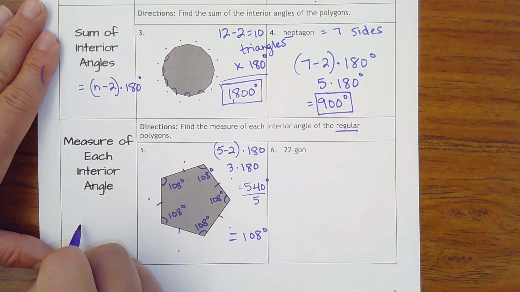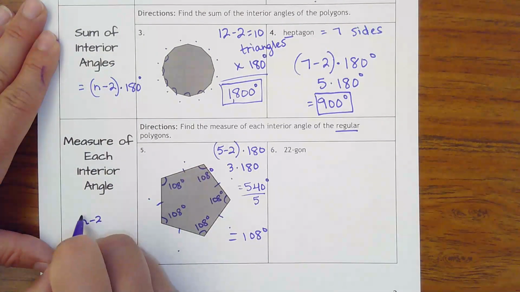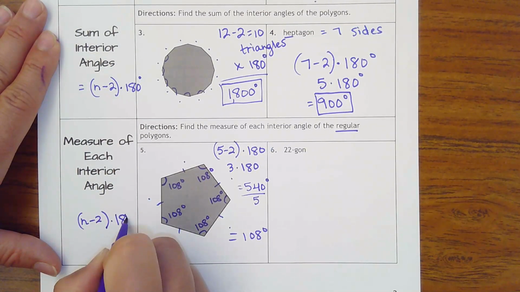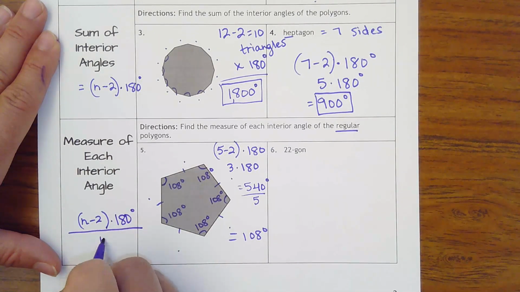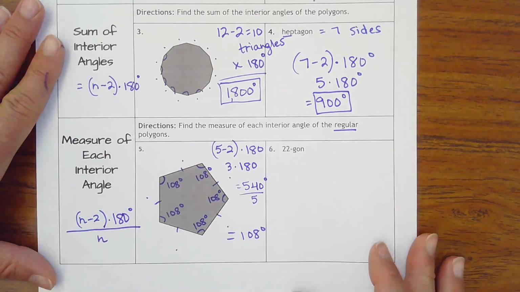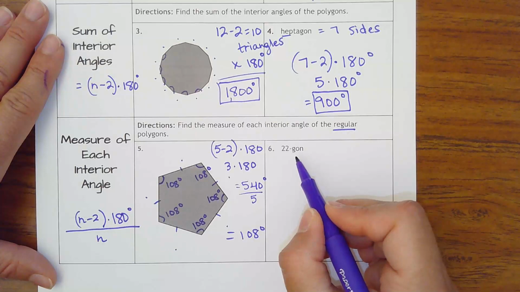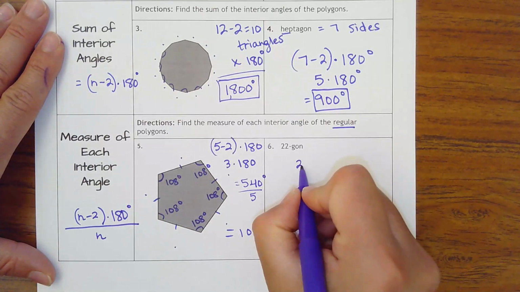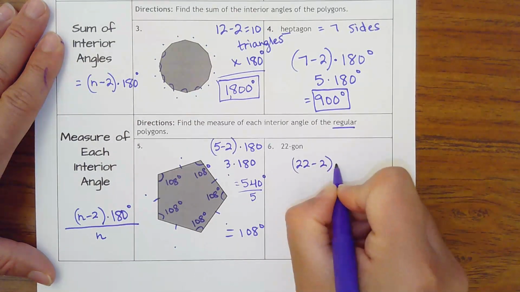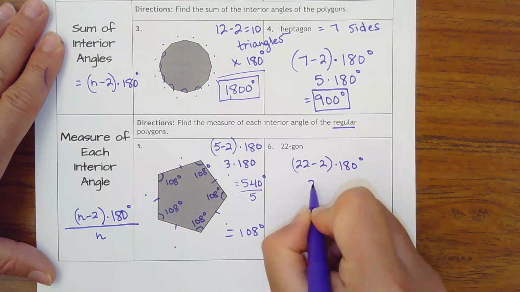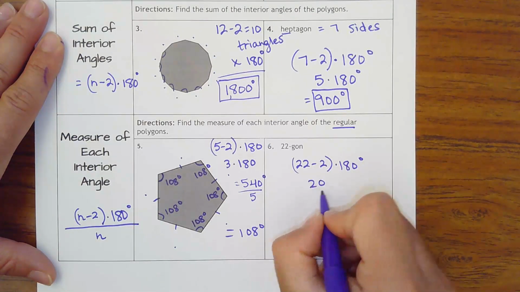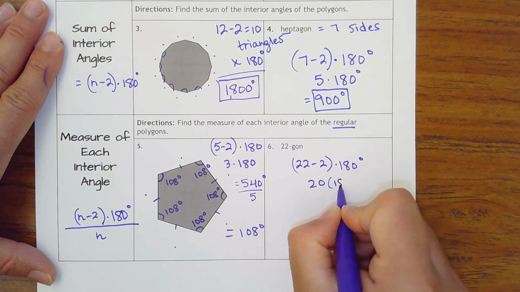So to find this, it's taking the number of sides minus the 2 to get the triangles times 180 degrees, but then divide that by the number of sides again. So a 22-agon, something that has 22 sides, would be 22 minus 2 times 180. That would be a 20-sided or 20 triangle figure times 180.